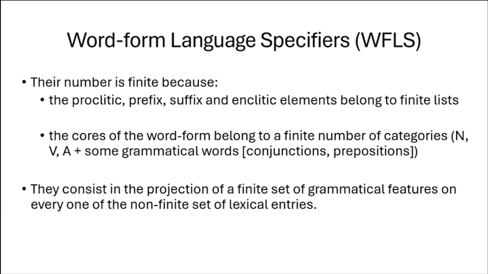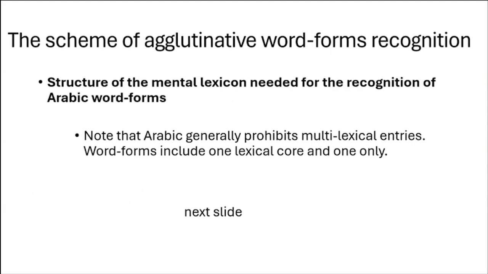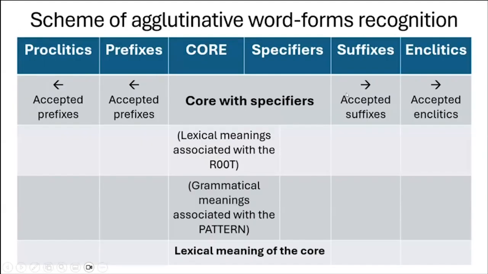And then the language specifiers are a projection of a finite set of grammatical features on an infinite set of entries. So the mental lexicon needed works like this. Now I have a minute and a half. So this is how it works.